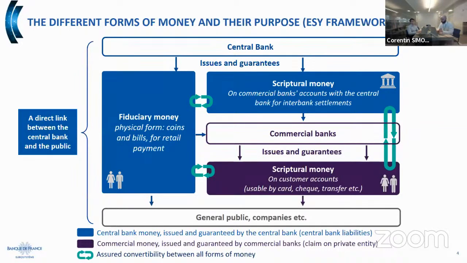So the blue boxes are central bank money, and the purple one is commercial bank money. Here is the concrete distinction between those two kinds in the economy currently. It's the global vision to better apprehend the current context and the place that the CBDC could take in the next months or years, if we go as far as building those kinds of systems.